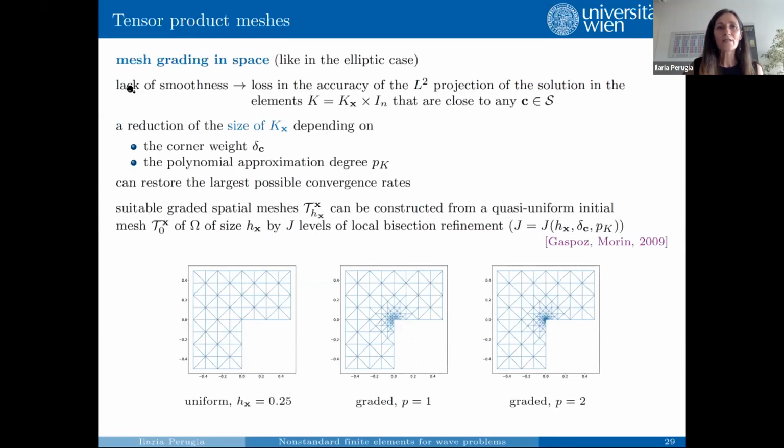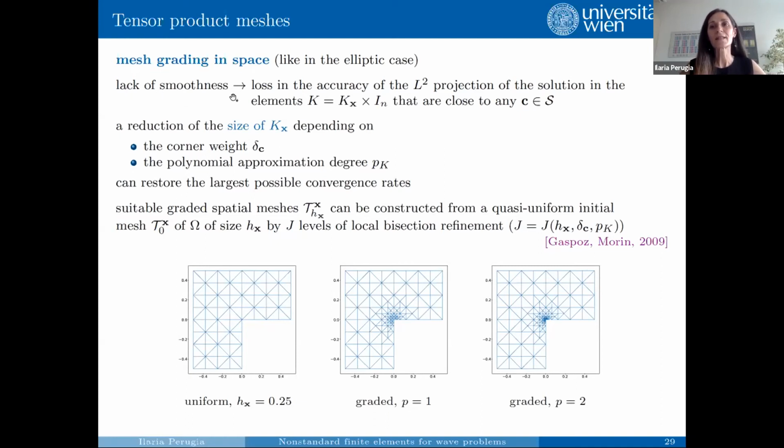So here we have seen that we have a lack of smoothness of our solutions, and this lack of smoothness gives a loss in the accuracy of the L2 projection of the solution. Which means that if I take uniform meshes, I have a very poor convergence in the end, because my L2 projection on a uniform mesh is not able to give high order approximation for singular solutions.